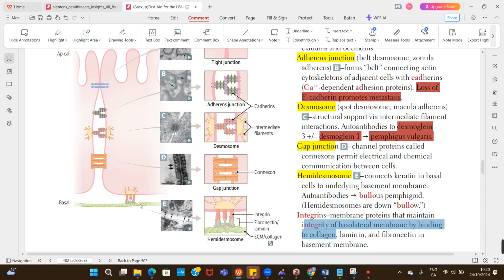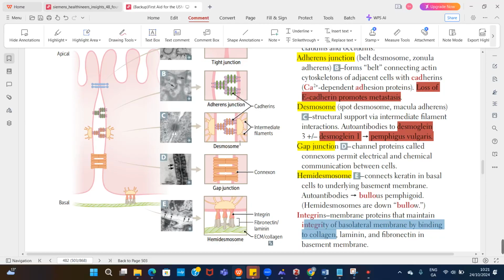Your collagen, your laminin in the extracellular matrix of your basement membrane. Integrin is what connects all of them together, and that entire structure is what you call the hemidesmosome. There is a pathology that occurs when there's disruption of this hemidesmosome due to production of autoantibodies, and that is what we call bullous pemphigoid. We are going to get to it with time.